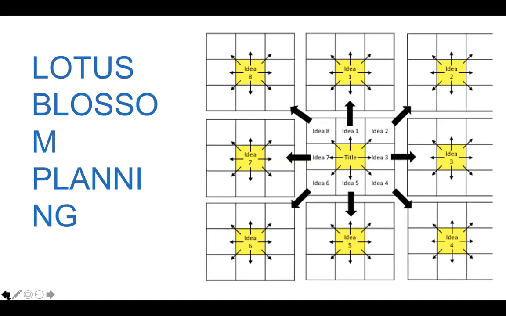Now, what you could do if you've got a massive class, okay, is, if they've put an idea down in each box, then take an idea, like for example idea 1, go upwards, give one group of 4 idea 1 to flesh out, and here the idea is then broken down into sentences and words.